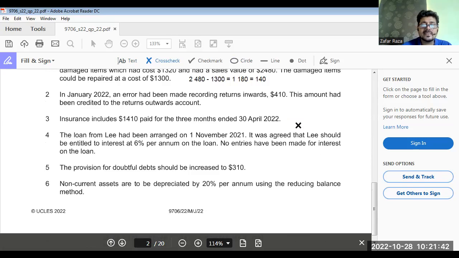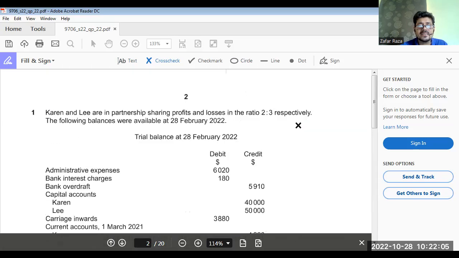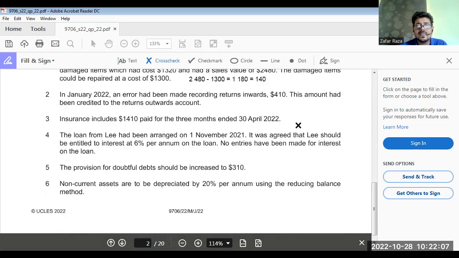Now, third adjustment, insurance includes 1,410. So insurance expense is given, and out of that 1,410 is for 3 months ending April 30. It means February, March, and April. This 3 months means 1,410 divided by 3, so 1 month is 470.